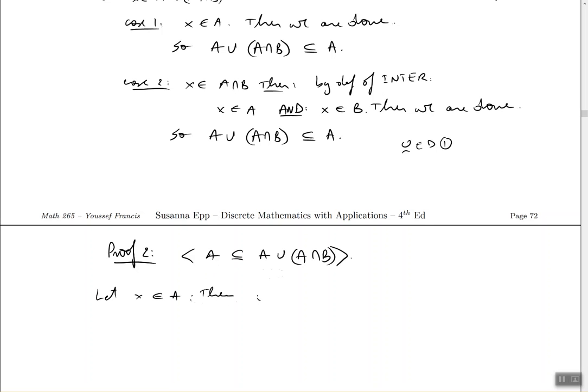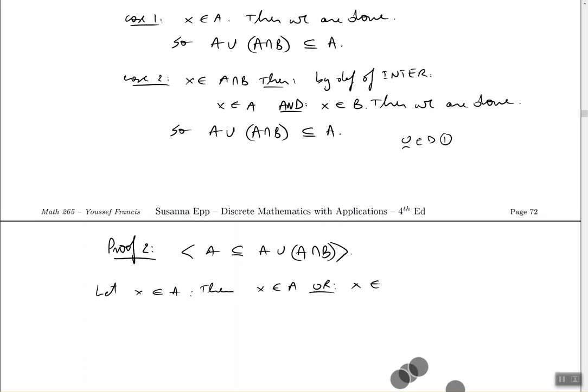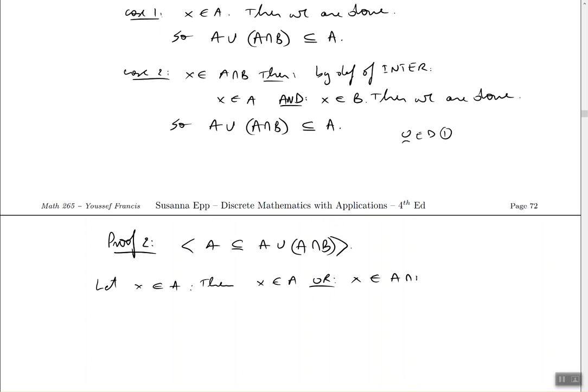But if you're in A, then your X is in A or any other set in the world that you can think of, right? Pick whatever you want. In particular, I'm going to choose A intersect B. Remember, because this is a disjunction property, whether you're truly or not in A intersect B, it does not matter, your disjunction is still going to be a true statement. So if you're in A, you can tag on anything else you want, okay?